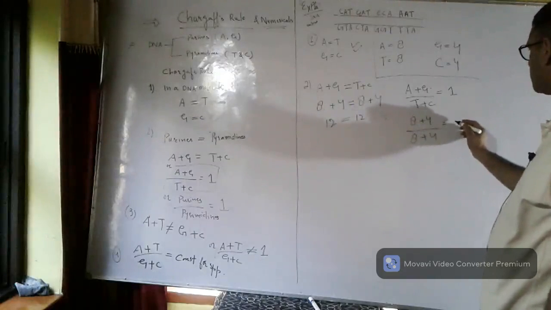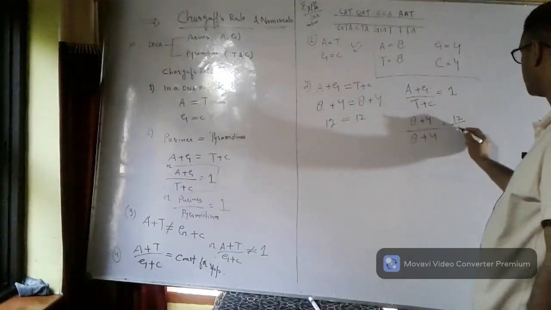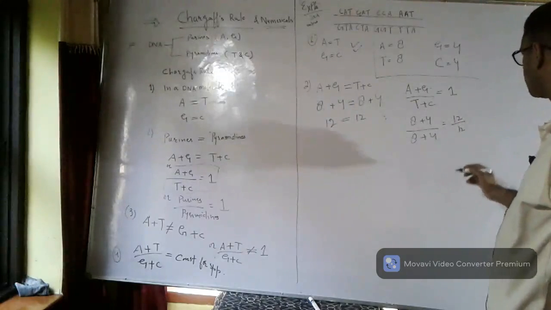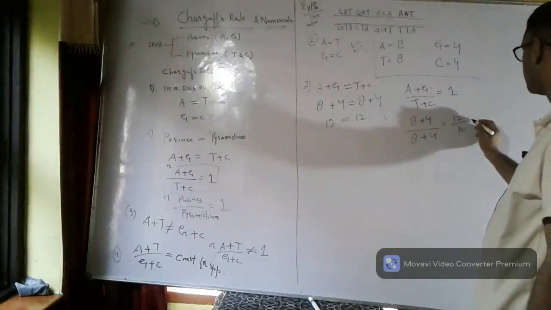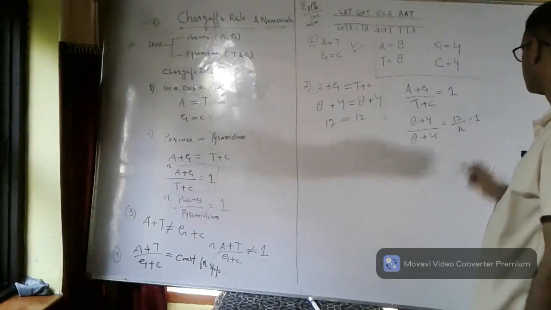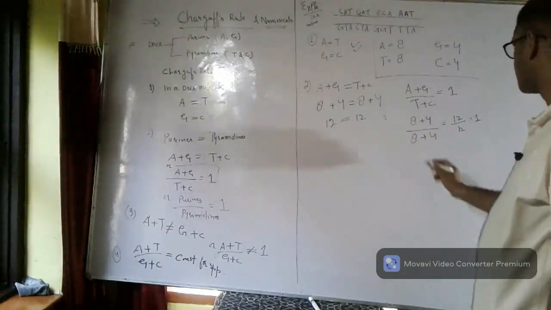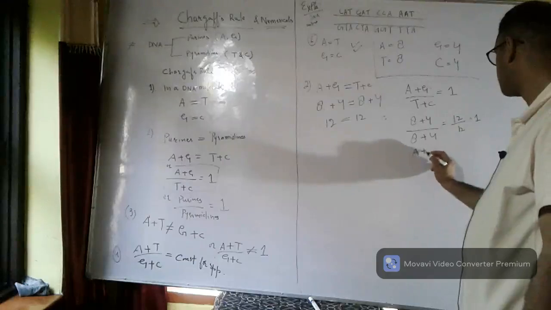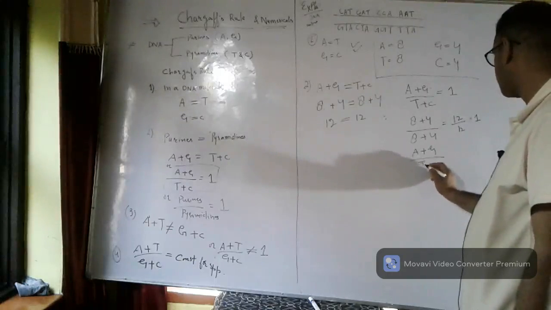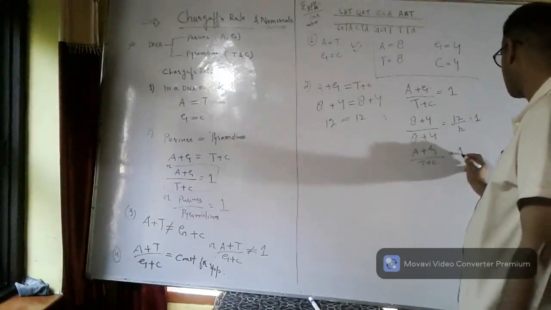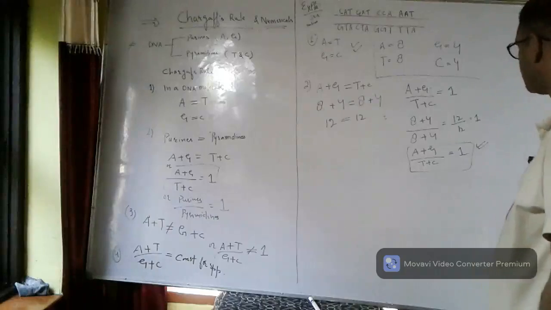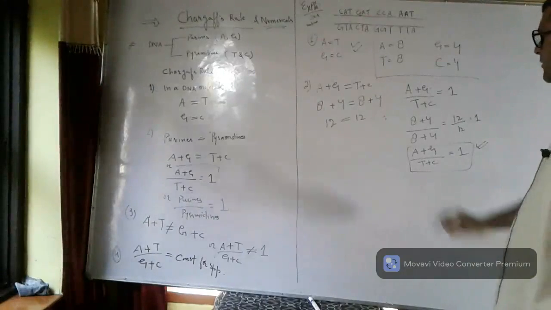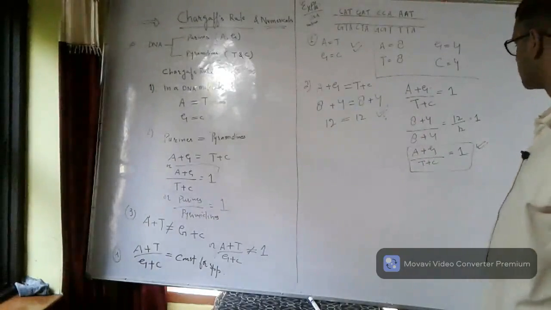So 12 by 12, that means it is equal to 1. So adenine plus guanine by thymine plus cytosine is equal to 1. This is rule number second explained.